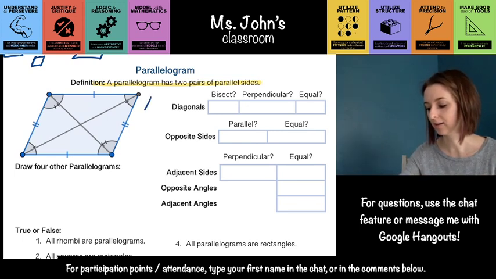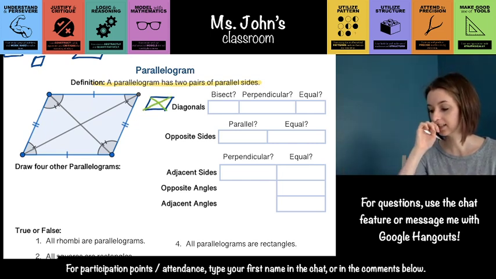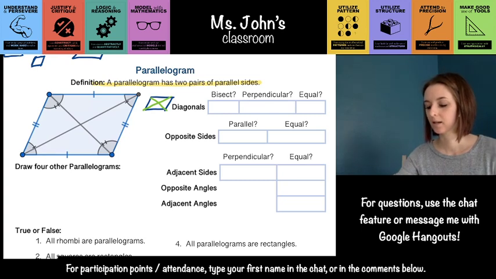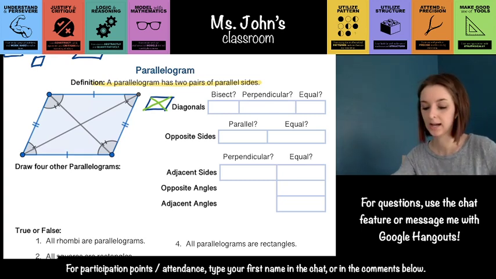Hopefully you figured out what a diagonal is by now. Let me just draw a little picture for consistency's sake. The diagonals in a parallelogram do cut each other in half. They do bisect one another.